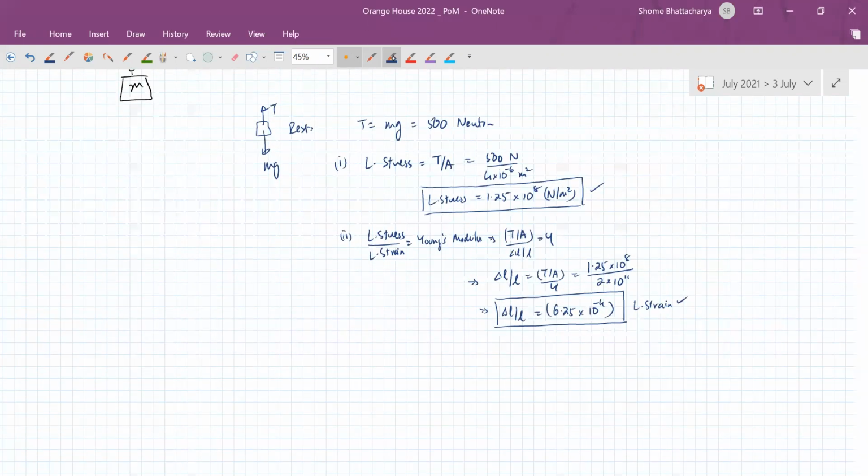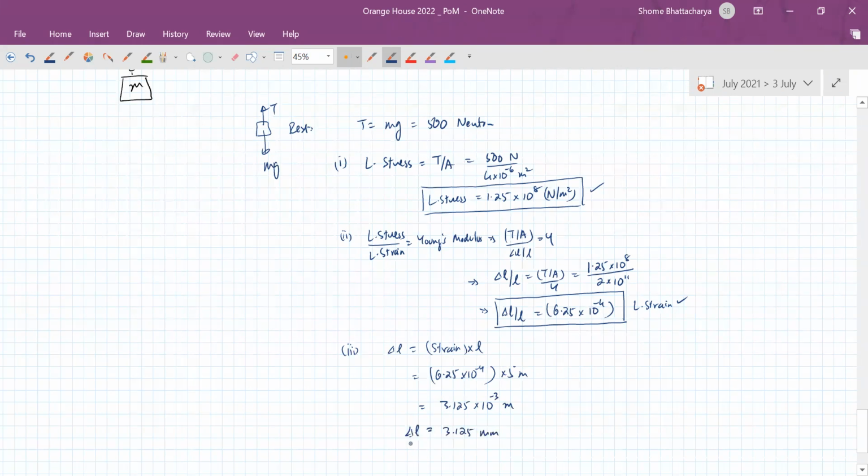Okay, so now once we have calculated this, from this we can calculate the value of delta L. That will be the strain multiplied by the original length. So 6.25 into 10 raised to the power minus 4, remember, is a dimensionless factor, into 5 meters, which was the natural length. So this will become 3.125 into 10 raised to the power minus 3 meters, or 3.125 millimeters.